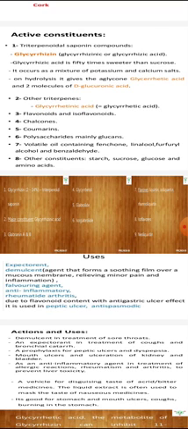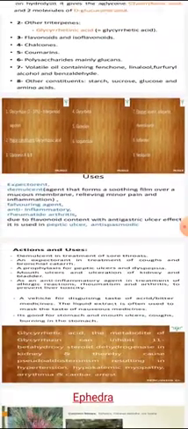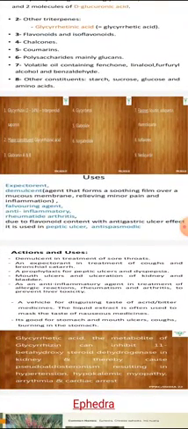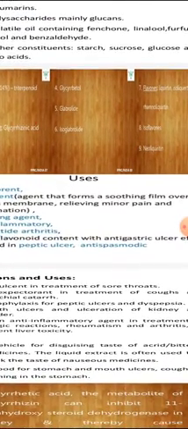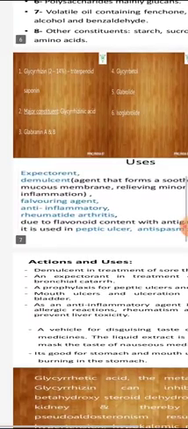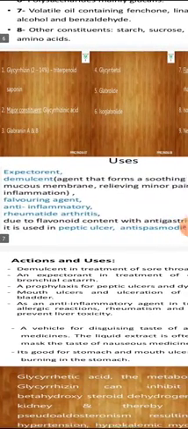So all these are the chemical contents. Mainly remember glycyrrhizin. Glycyrrhizin is about 14%. Then there are the others like glabrolide, glycyrrhizic acid, and glabrin A and B.